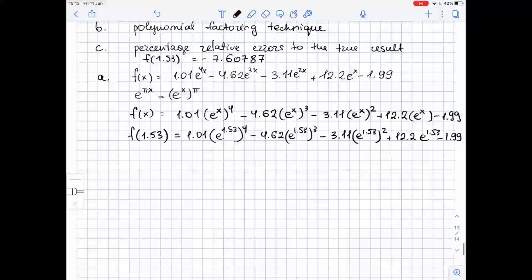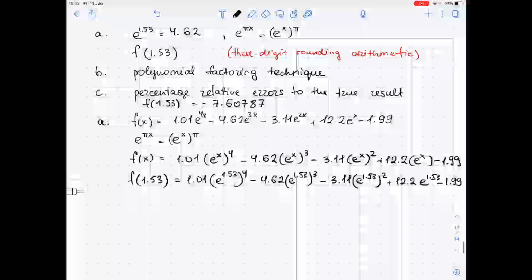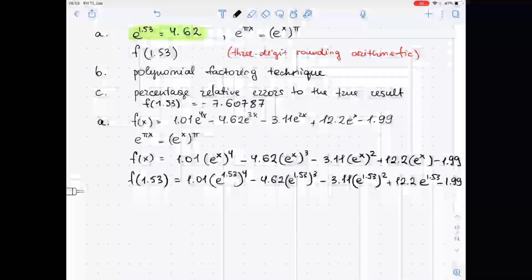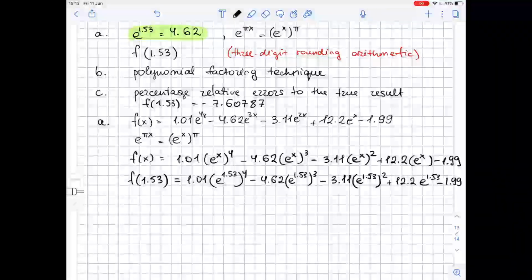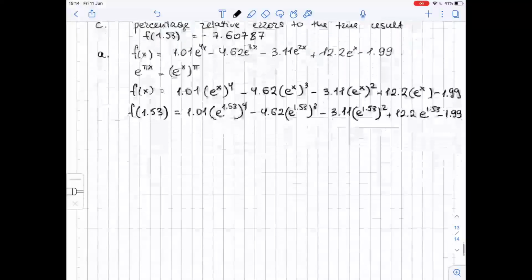Now since we know that e to the power of 1.53 equals 4.62, we were given this information, that means that we can substitute 4.62 for e to the power of 1.53.